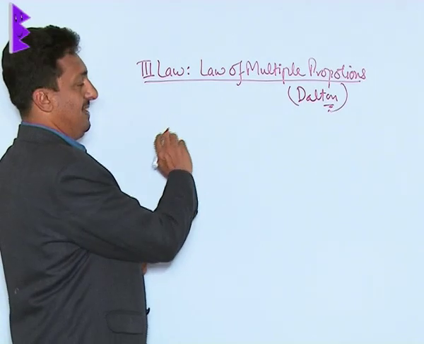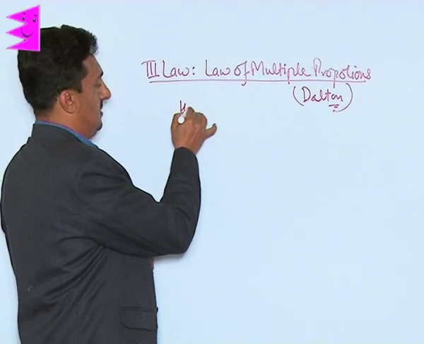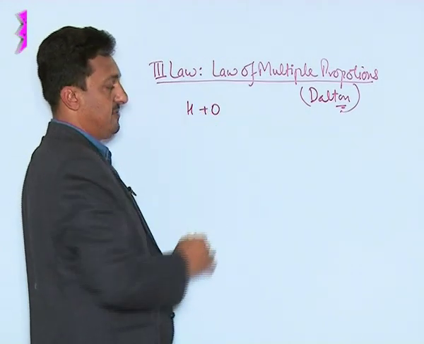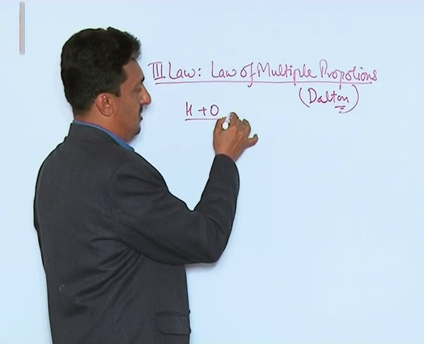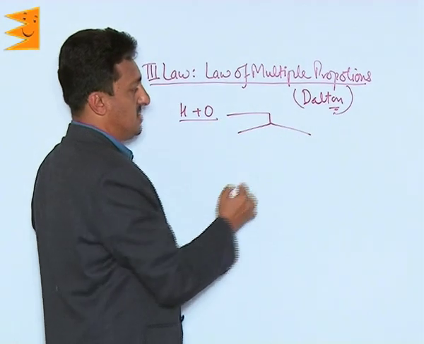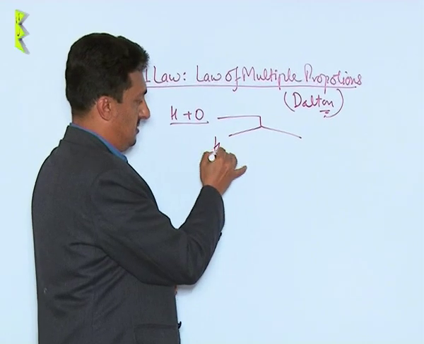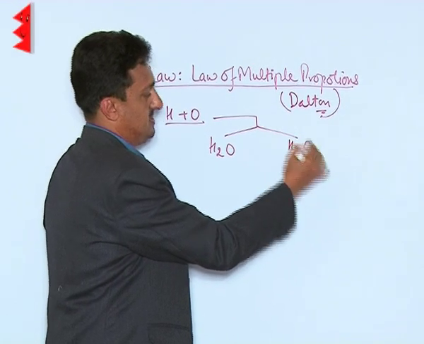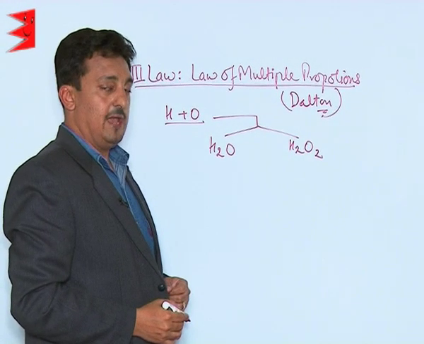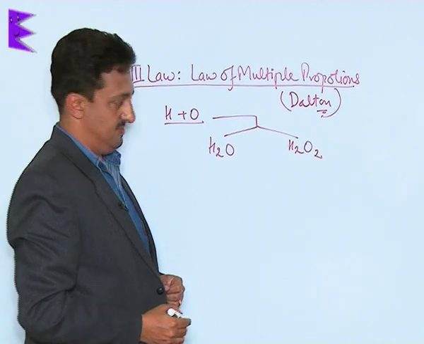The best example is hydrogen and oxygen. They both combine to form two types of compounds. One is the simple water molecule, the other is H2O2, called hydrogen peroxide.